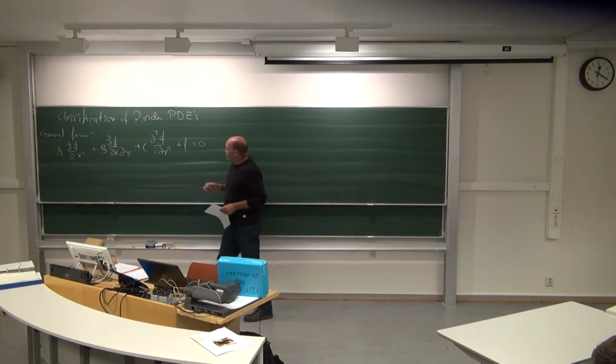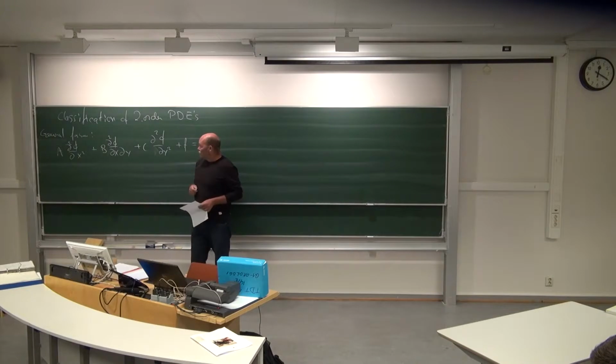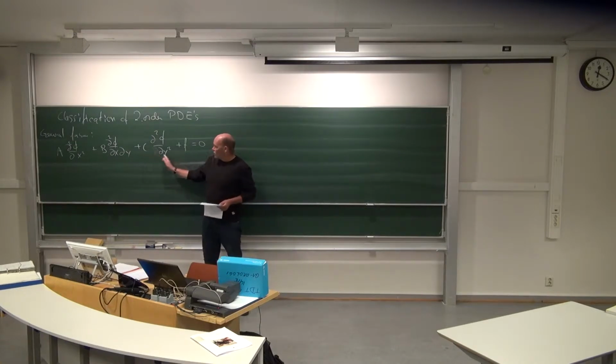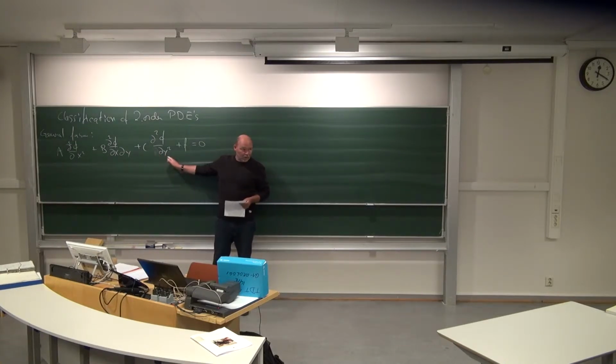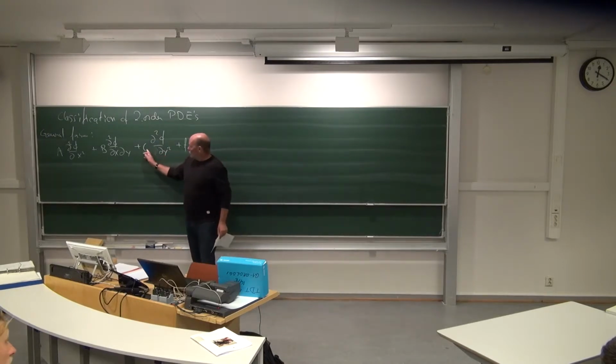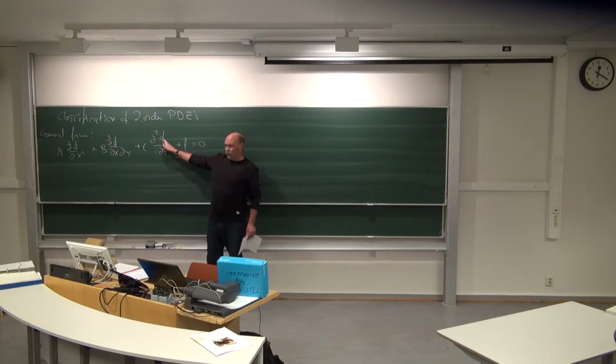If A, B and C here are constants, it's a purely linear equation. If A, B and C are functions of x and y, the independent variables, we call it semi-linear. If A, B and C are functions of x, y, and the unknown function phi as well, or maybe even first order derivatives of phi, then we call it quasi-linear.